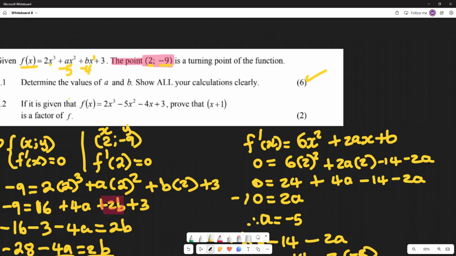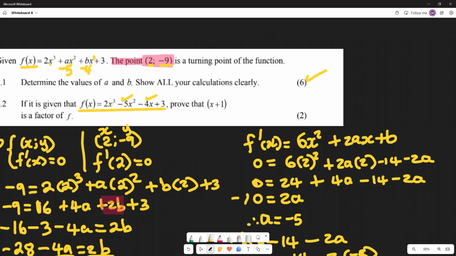And then they say, if it is given that f of x is this. You see, these questions help you know that you did your question above properly. So they say a is minus 5, b is minus 4, which is the exact same thing that we got. So obviously, if you don't see your values being the same, you know you made a mistake somewhere. You need to check your working out. All right, perfect.